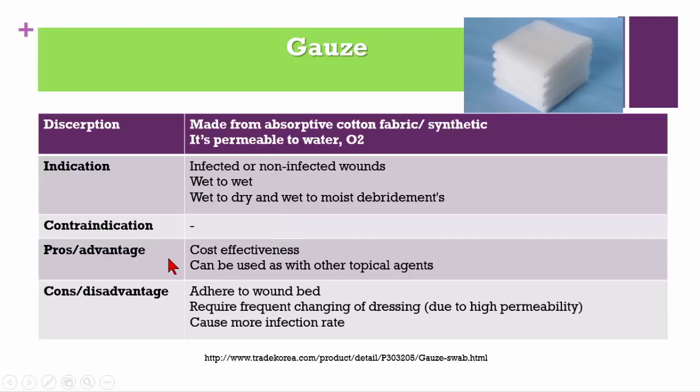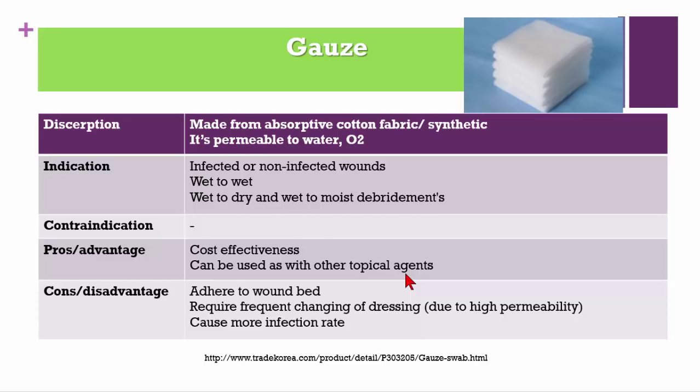Let's have a look at the advantages of gauze dressing. It is cost effective, it is not costly. It can be used with other topical agents like sulfur, which we use for skin infections or for some kinds of treatment. For that we can apply the gauze on top.